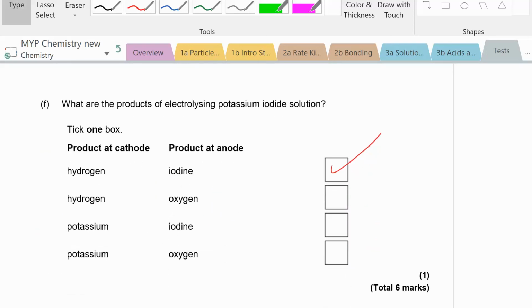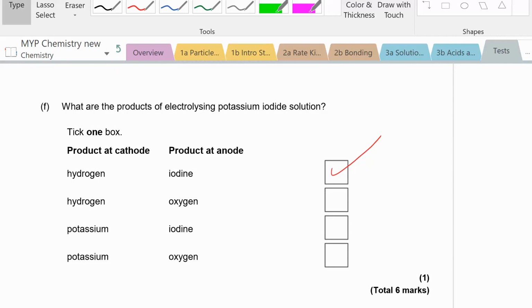What are the products of electrolyzing potassium iodide solution? So that would be hydrogen and iodine. Now I haven't actually covered this. I was putting in an extended question to see how much you knew above and beyond what I taught you within the lessons, and any additional reading you've been doing.